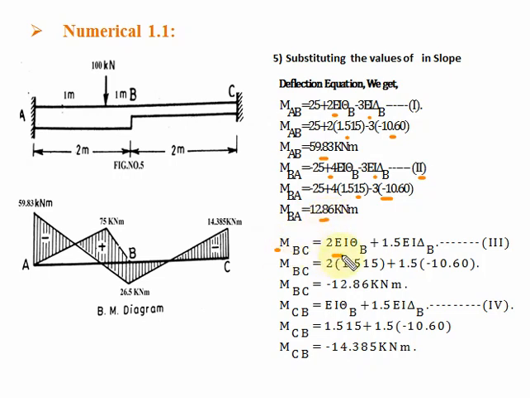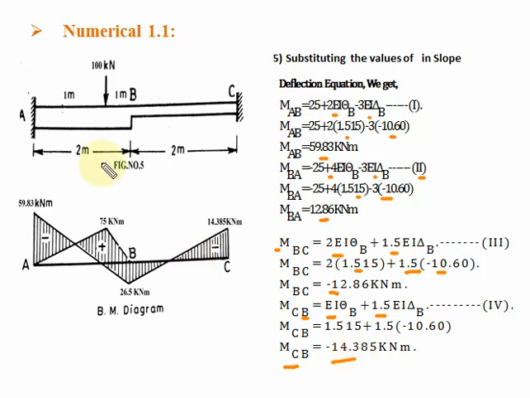MBC is equal to 2 EI theta B plus 1.5 EI delta B, which gives MBC equal to minus 12.86 kilonewton meter. Then MCB is equal to EI theta B plus 1.5 EI delta B, so finally MCB is equal to minus 14.385 kilonewton meter.